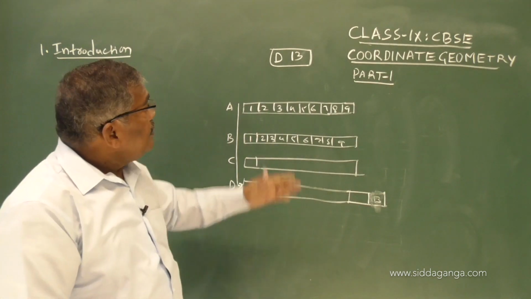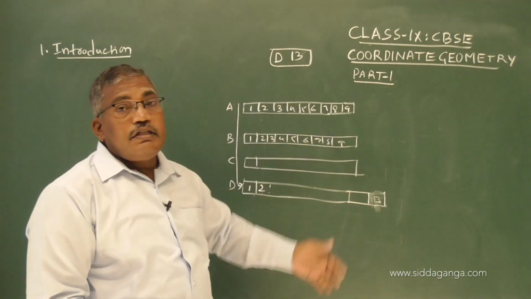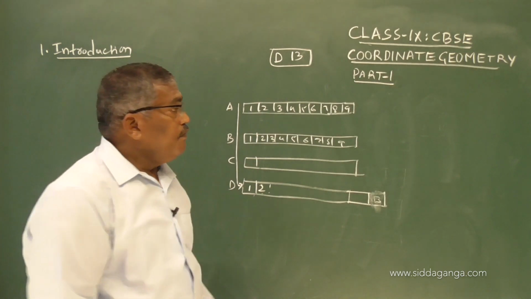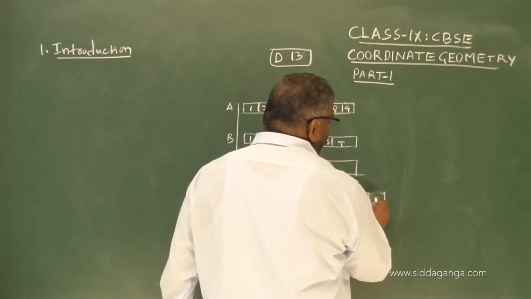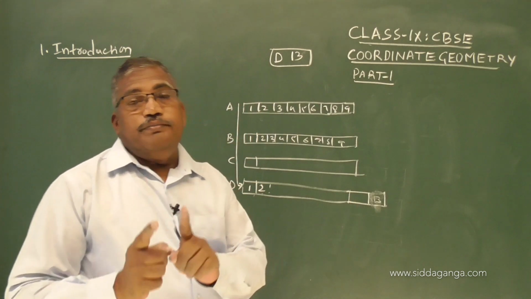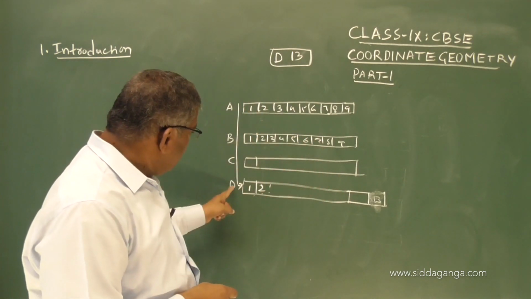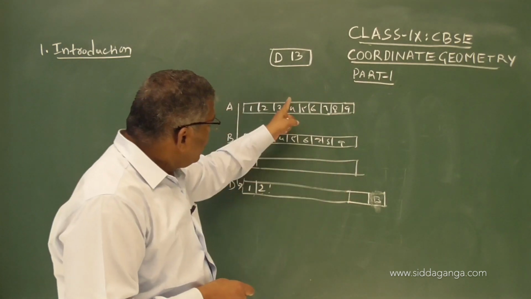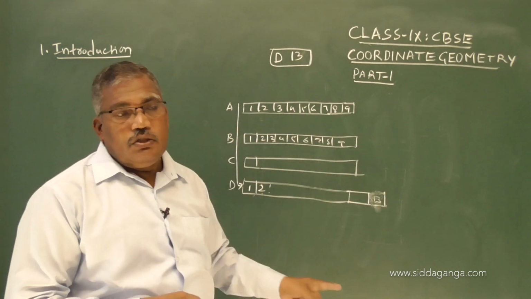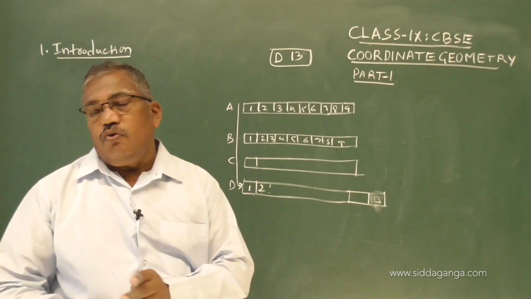So this is known as the coordinate system. That means what we do is, to locate a point we use two measurements. One is along the row and another one is along the column. So main road and cross road.